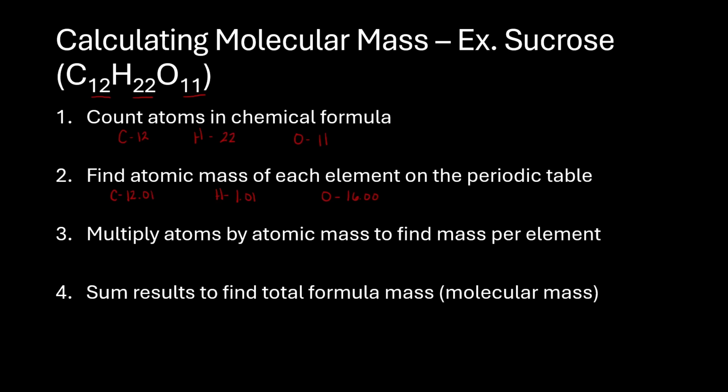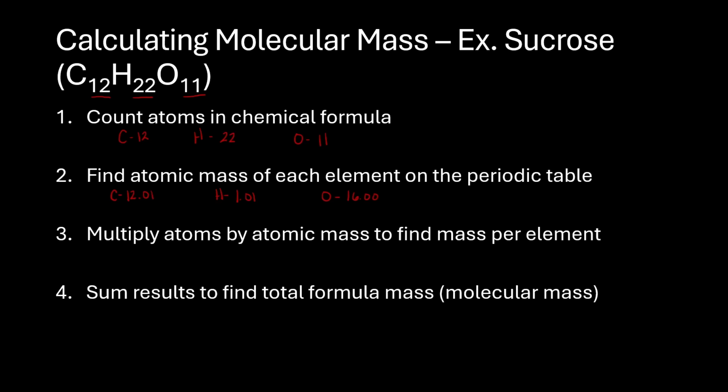The next step, step 3, is that you're going to multiply the atoms by the atomic mass to find the mass per element. I want you to keep this separate because it's going to be important when we're doing percentages, like the percentage of carbon in this molecule, for example. Make sure that you're always finding these separate first, and then you can sum the results in step 4.